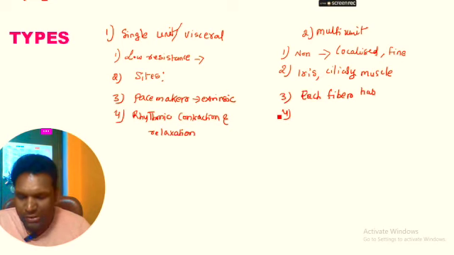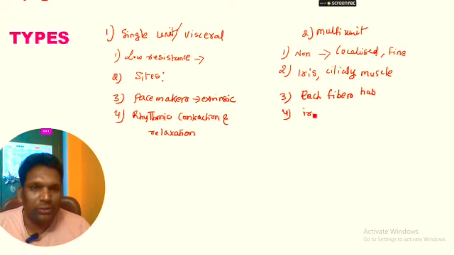The final one: when the single unit smooth muscle fiber is stretched, it causes tension, and active tension is developed in them.